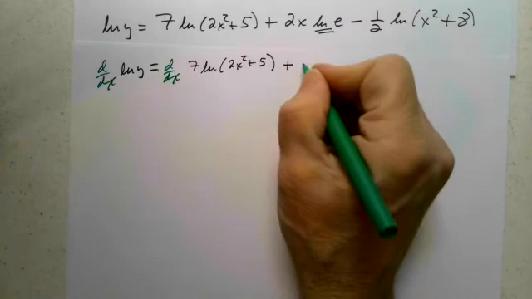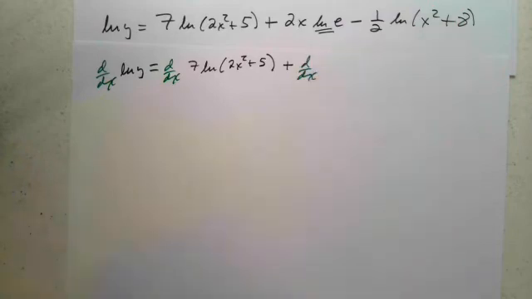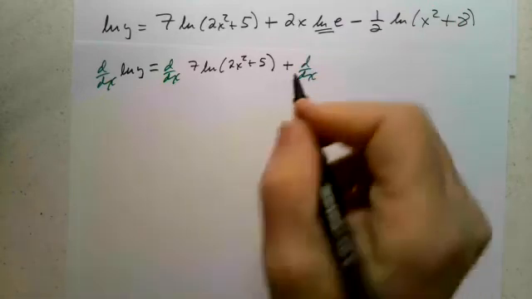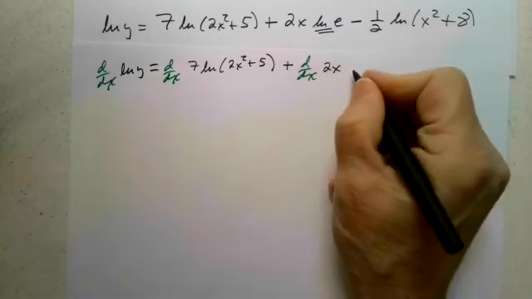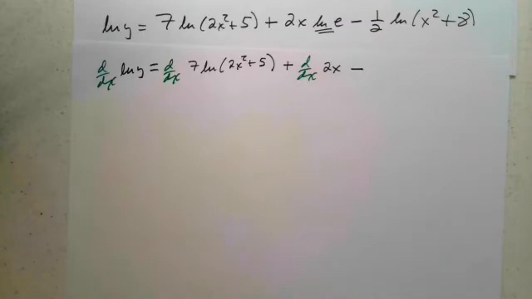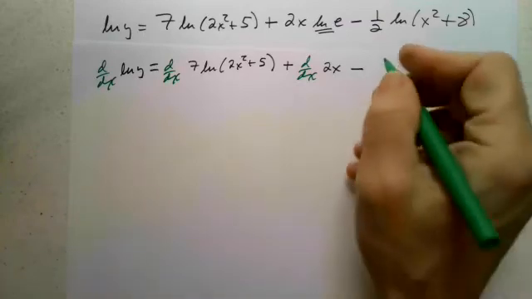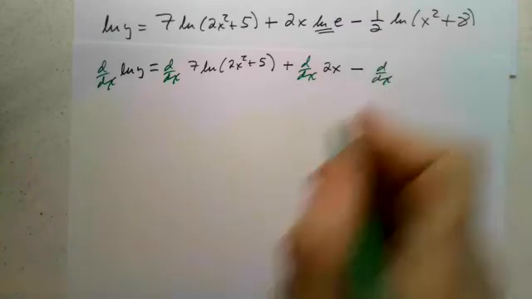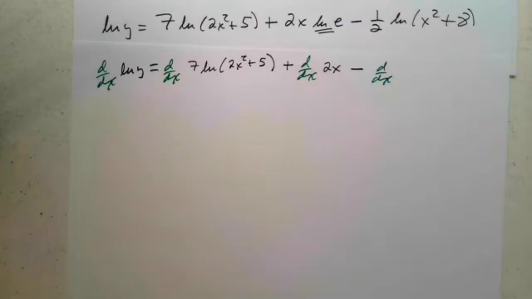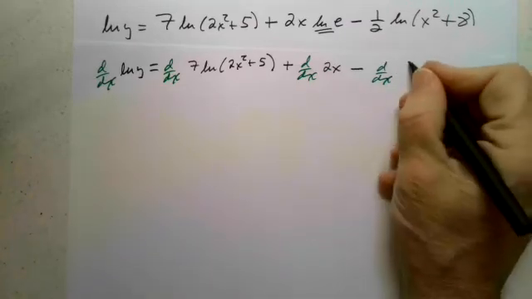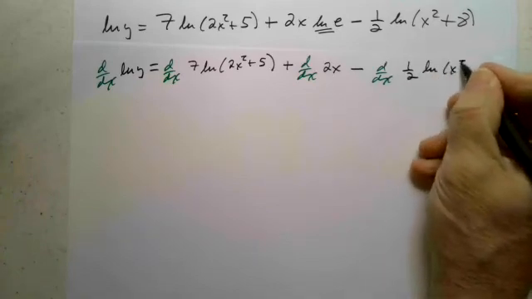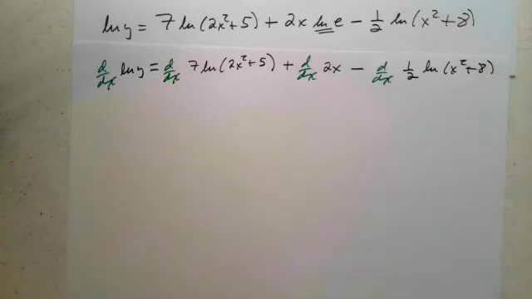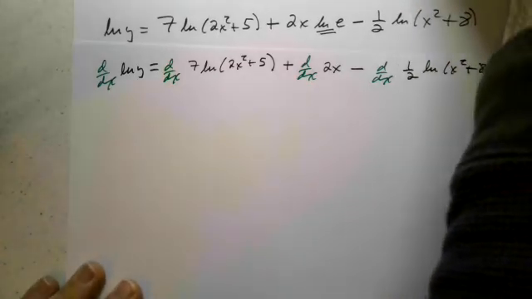So that's the derivative with respect to x of 2x times 1, or just 2x, minus the derivative with respect to x of 1/2 natural log x squared plus 8. Again, the derivative of the sum is the sum of the derivatives, which enables me to simplify that side of the equation.